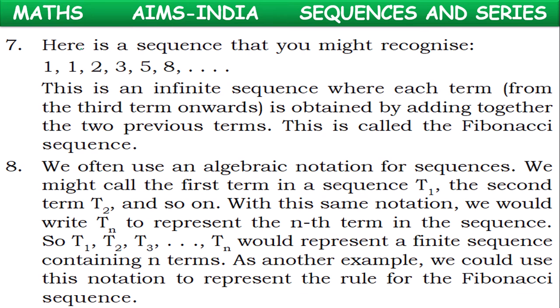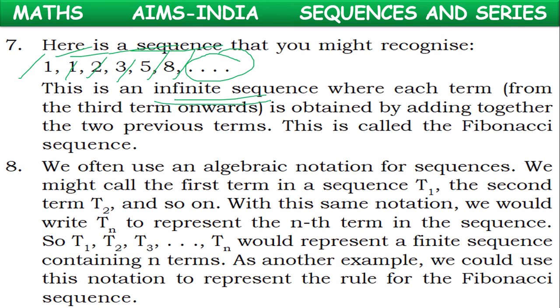So suppose here is a sequence: 1, 1, 2, 3, 5, 8, dots. We have dots and there is no end element.